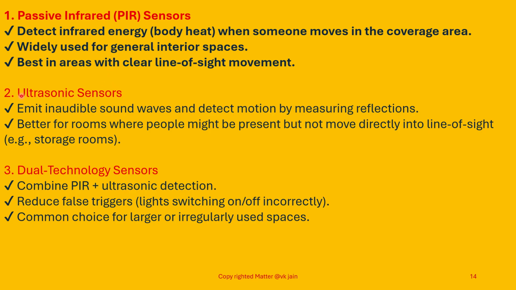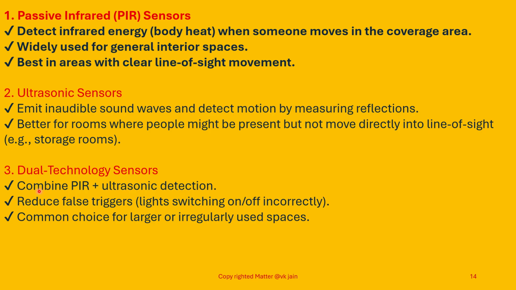Ultrasonic sensors emit inaudible sound waves and detect motion by measuring the reflections. Better for rooms where people might be present but not moving directly into line of sight, e.g. storage rooms. The third technology is dual technology, which uses both passive and ultrasonic sensors.